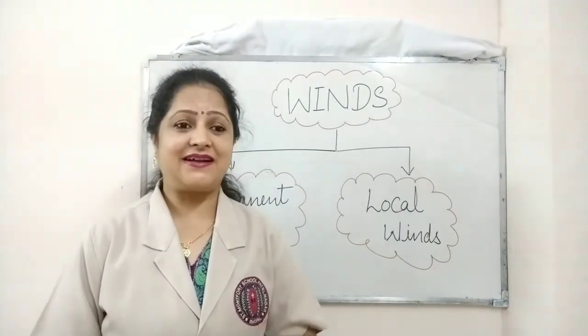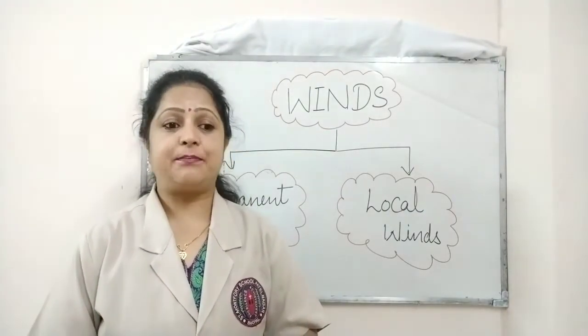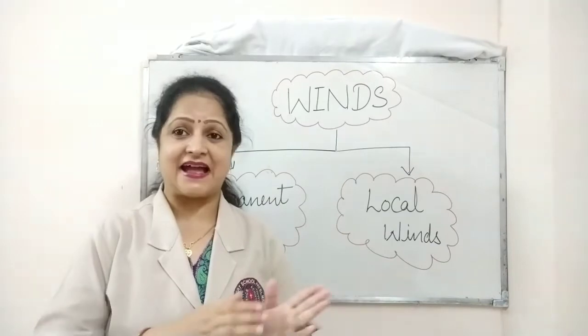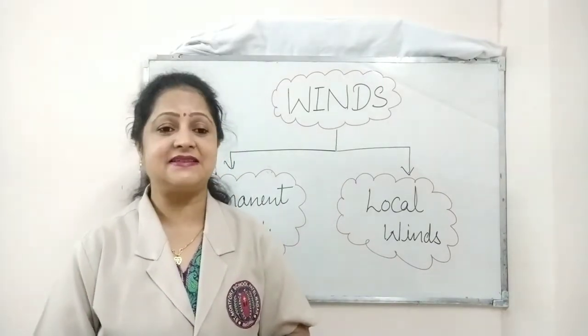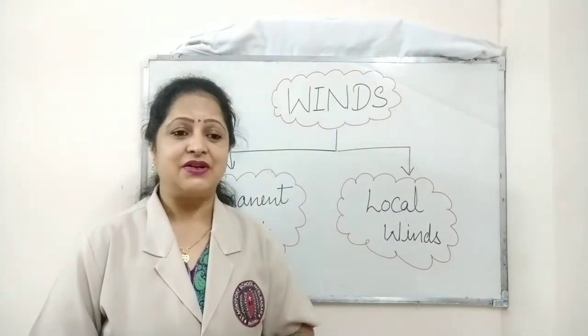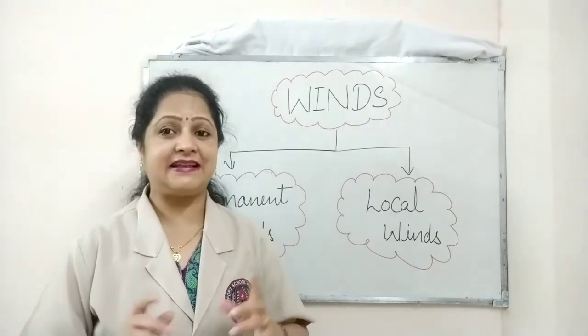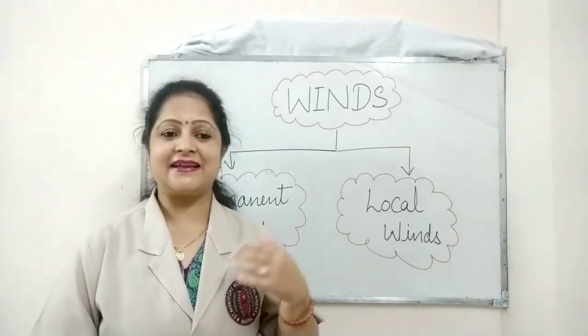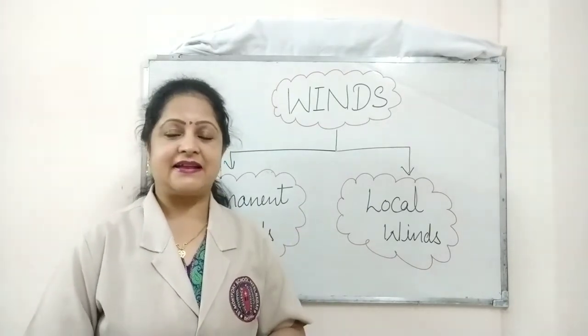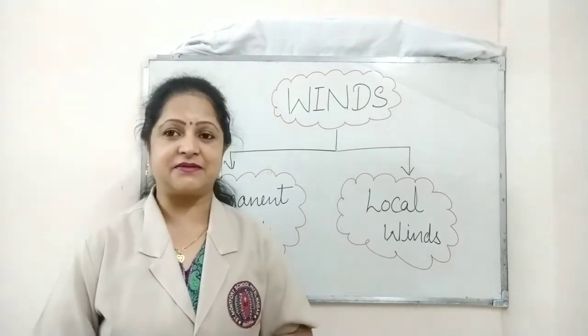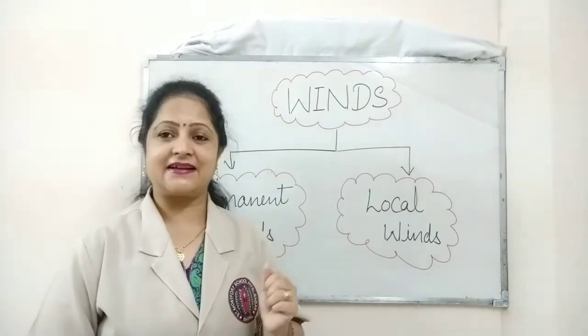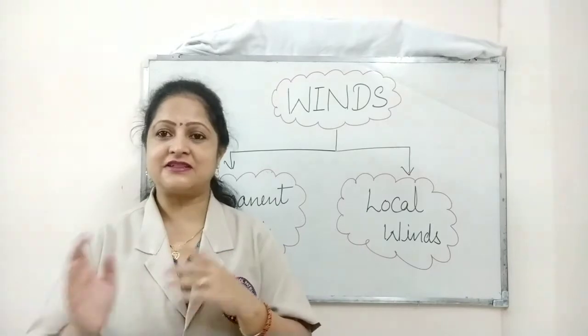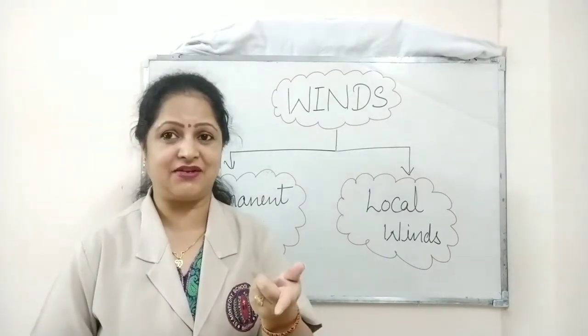We have already discussed the permanent high pressure belts and the permanent low pressure belts in my previous video. Those who have not seen that video yet can click on the link that I will share in the description, and watch that video after this video.